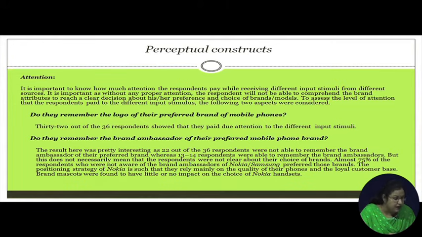Some remembered the brand ambassadors, but mainly they were saying that we like Nokia or Samsung phones at that time, because it is 2010. So, Nokia and Samsung were their most preferred brands, even if many of them could not remember the brand ambassadors, but they mainly relied on Nokia because of its quality.